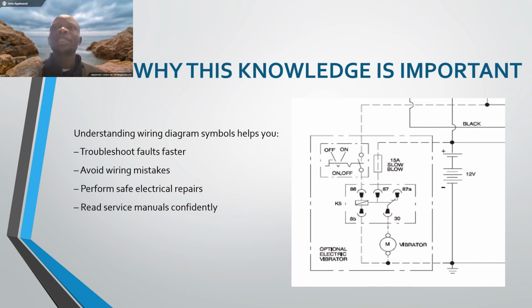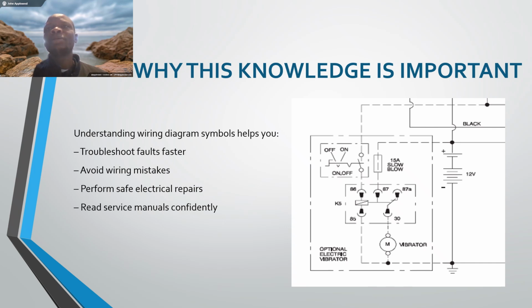Why is this knowledge important? Understanding wiring diagram symbols helps you to troubleshoot faults faster, avoid wiring mistakes, perform self-electrical repairs, and read service manuals confidently. Supposing, for example, in our example, the vibrator is not working and you have knowledge about the wiring diagram, it is simple.